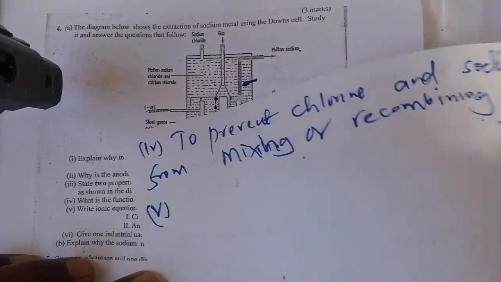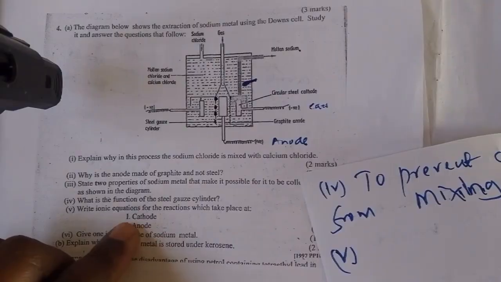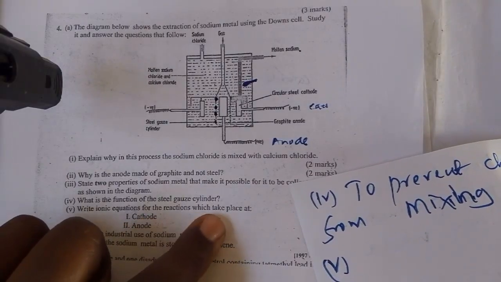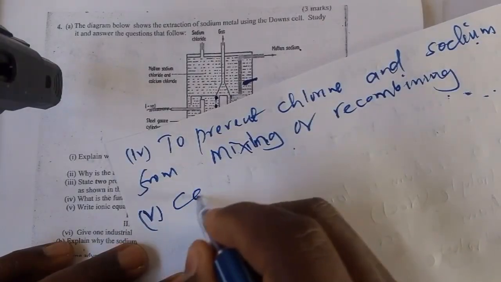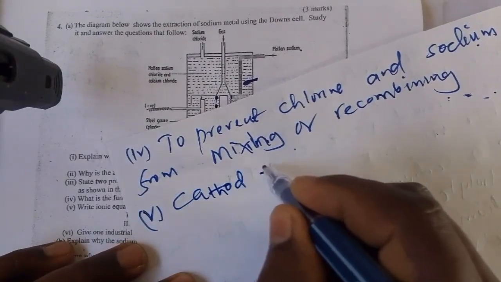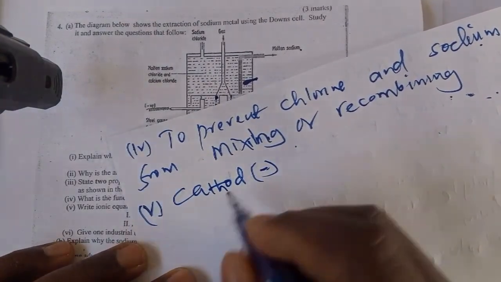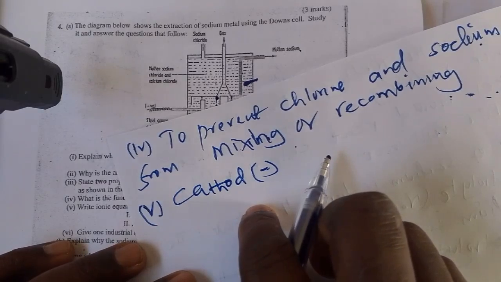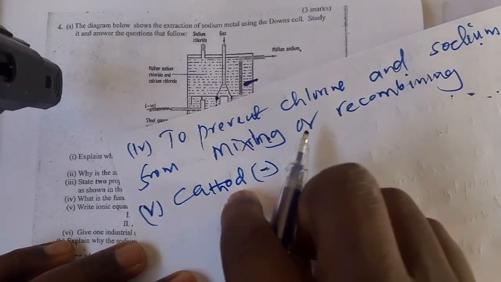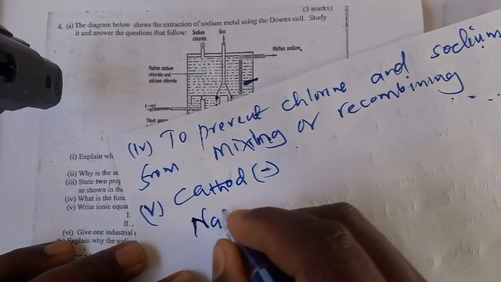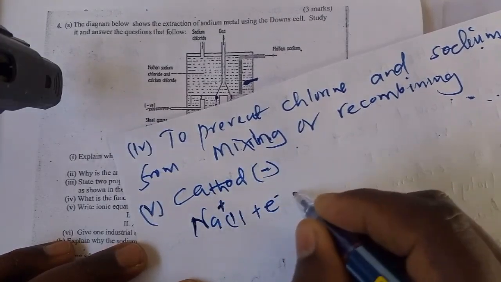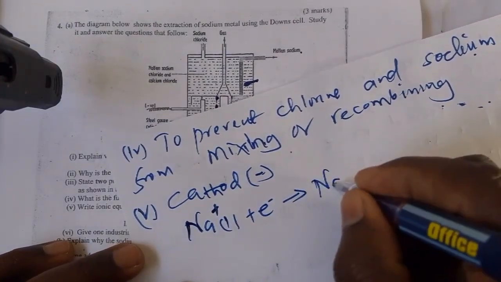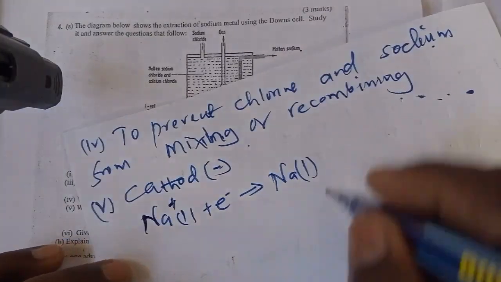Question 5. Write the ionic equation for the reaction which takes place at the cathode and the anode. Remember, the cathode is negatively charged, therefore the sodium is going to be extracted there. So the reaction at the cathode: sodium ions in liquid form plus 1 electron is going to produce sodium, which is liquid. What about the anode?